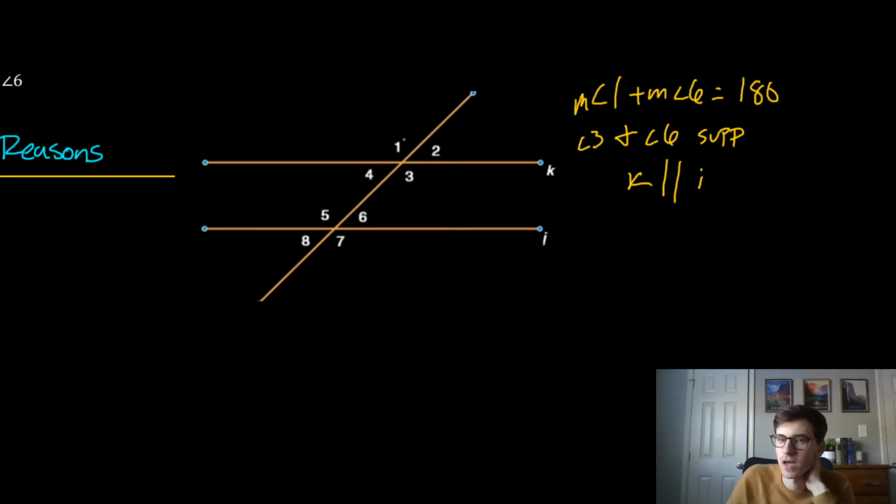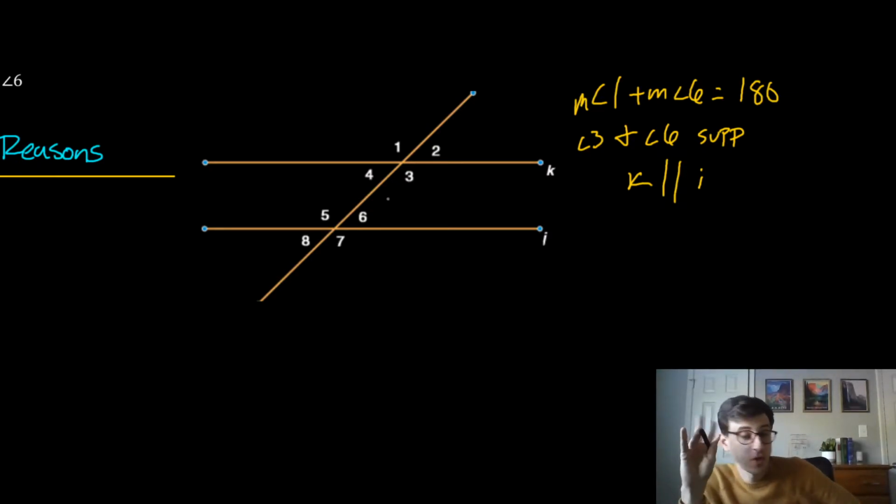Another way that you could think about it is I know that angle 1 corresponds to angle 5. And I know that 5 and 6 are supplementary, or at least that they add to 180. So if 5 and 6 add to 180 and 1 and 6 add to 180, then I could use a little bit of the transitive property to show that the measure of angle 5 is equal to the measure of angle 1. And then by corresponding angles, I could show that these two lines are parallel.